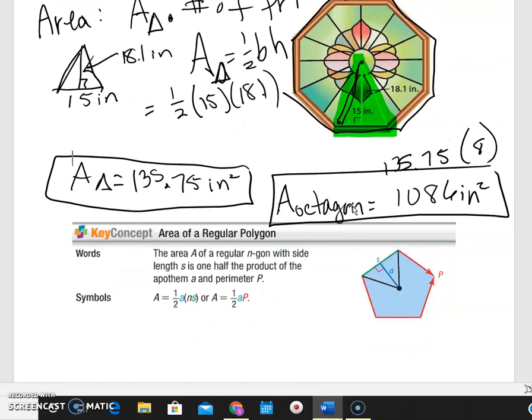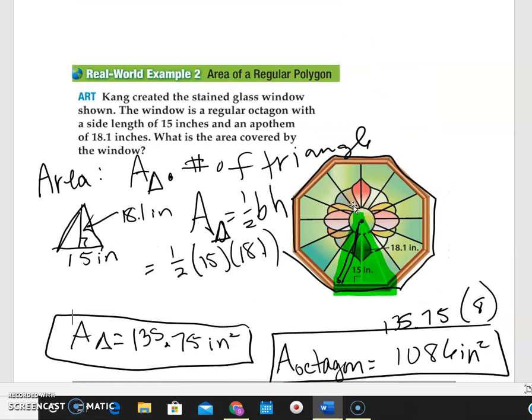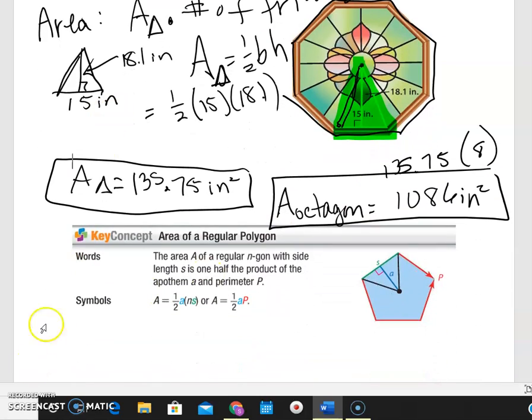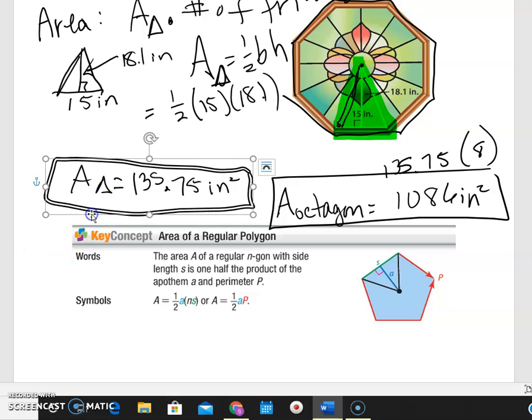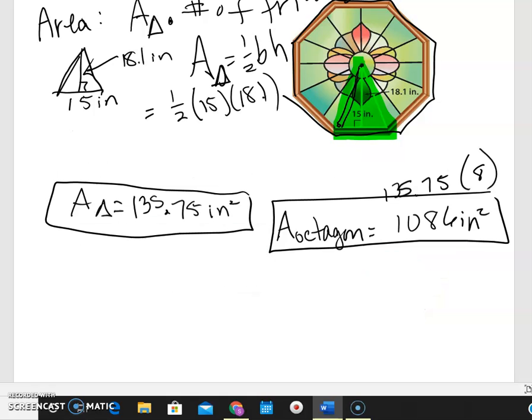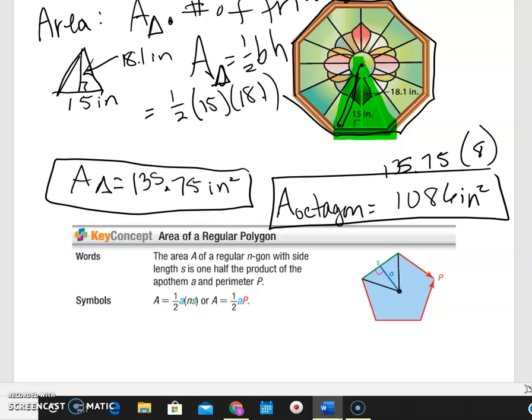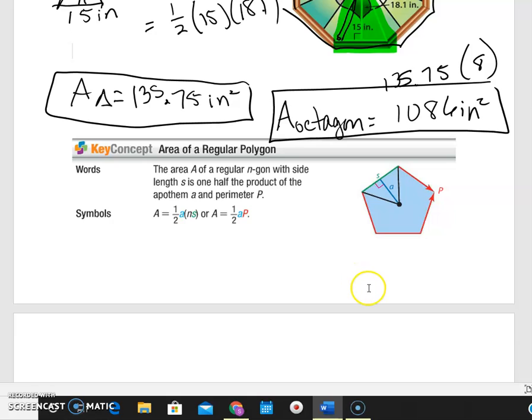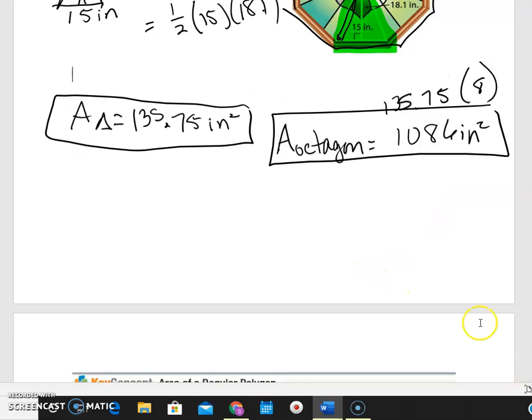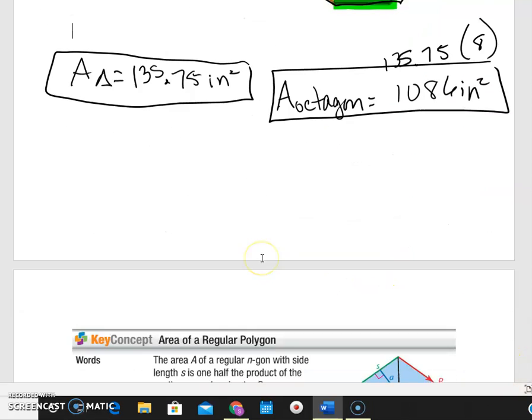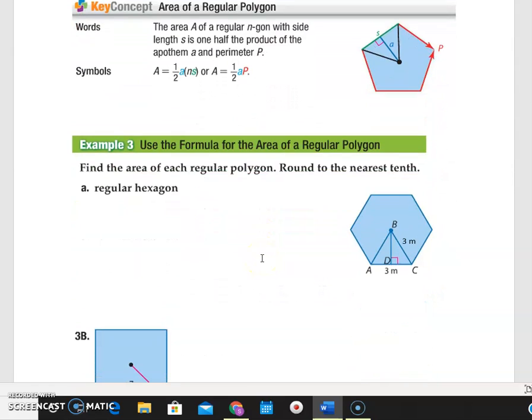Okay, that's one way to find the area of a polygon, is to multiply the area of the triangle by however many triangles you have.